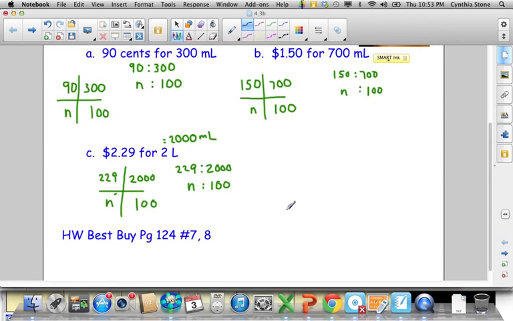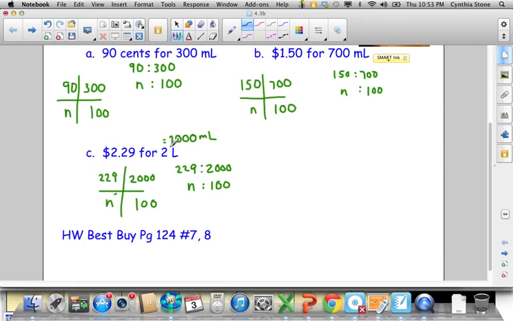Similarly down here, this one was not only in dollars, but also in liters, so there are 2 things I changed. I called $2.29 229 cents, because 100 cents is $1.